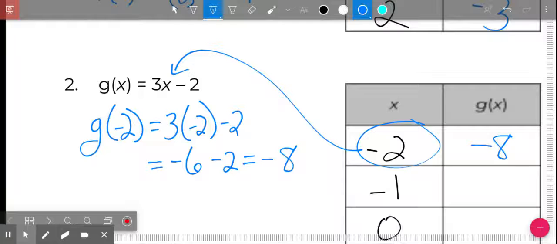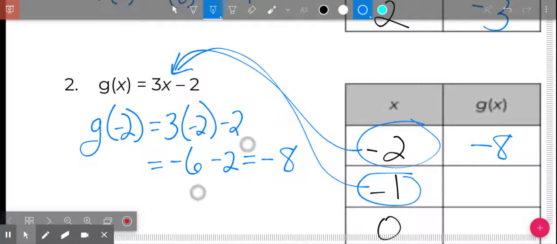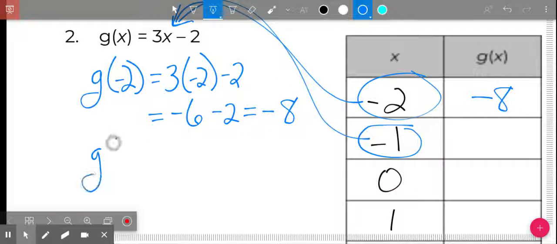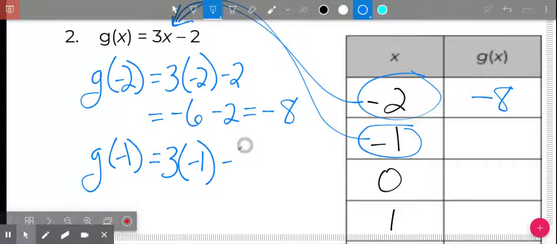We're going to keep doing the same thing over and over. So next we're going to plug in that -1 for the x. So we'll have g of -1 equals 3, and instead of an x, it becomes a -1, minus 2. 3 times -1 gives me -3, minus 2 gives me -5.